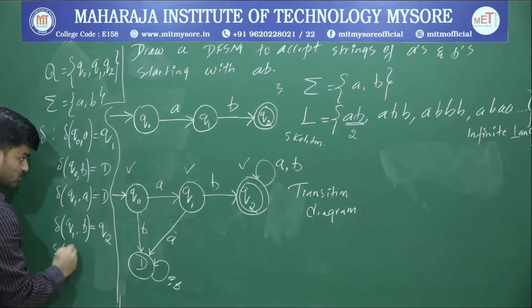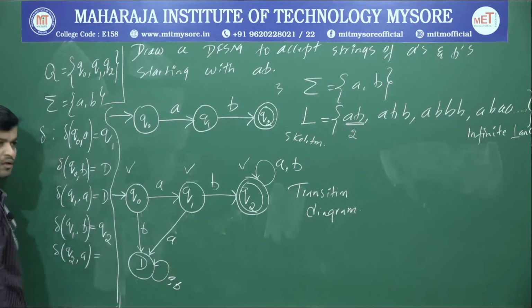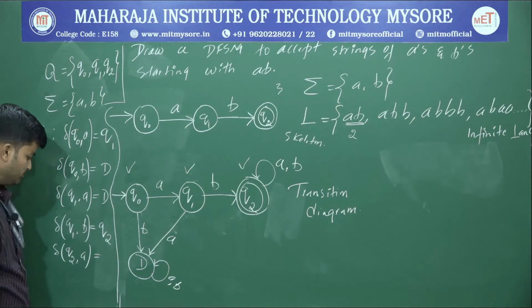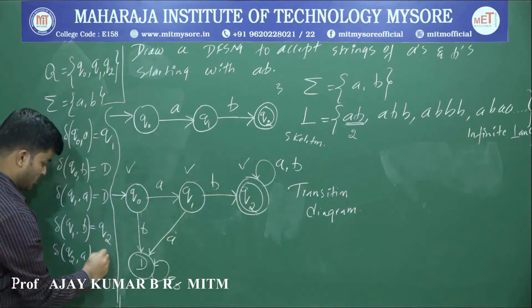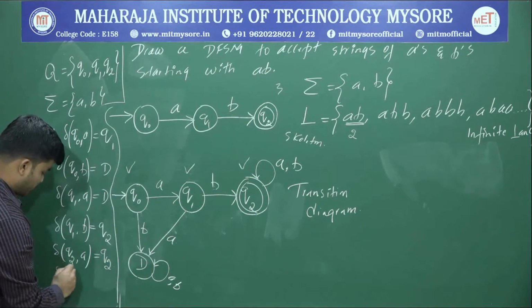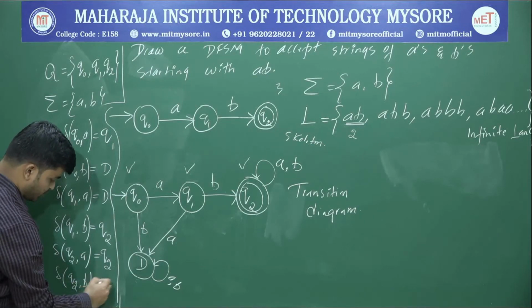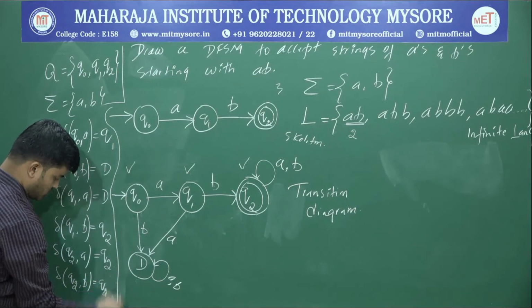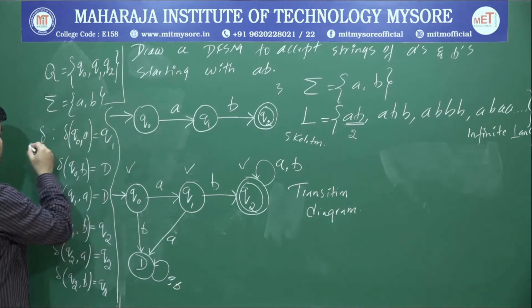What is delta of Q2 comma A? Upon A and B, it is again Q2. Last one, delta of Q2 comma B is also Q2. So this is your transition function.